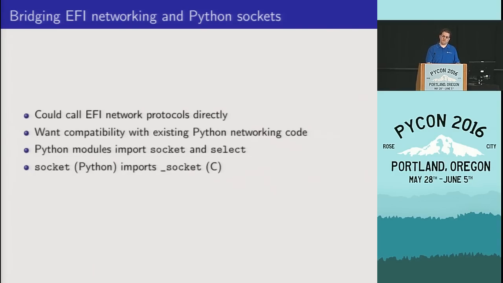The problem with that is we really want to run existing Python networking code, urllib2 or an HTTP server, or who knows, maybe someday we'll run Django inside your firmware. BIOS as a service. So given that compatibility, we need to implement the same interface Python's modules expect for networking.